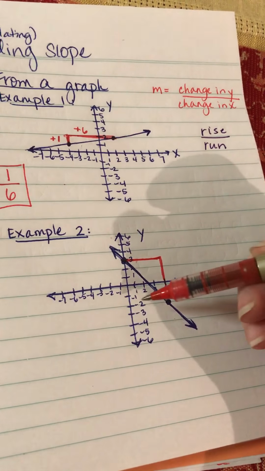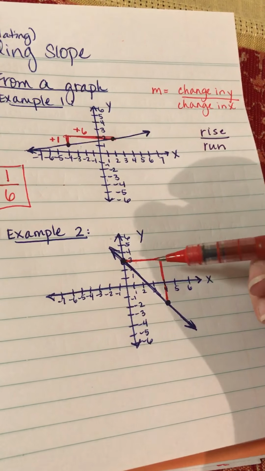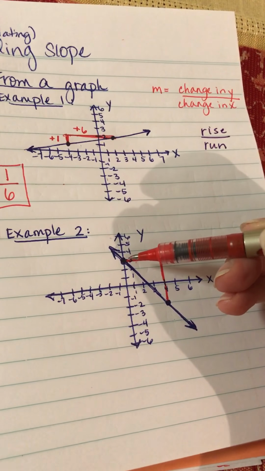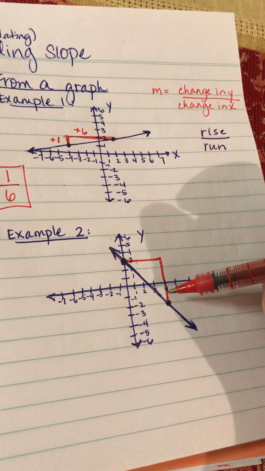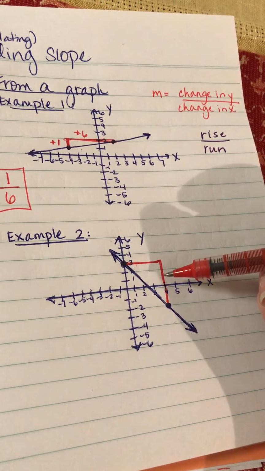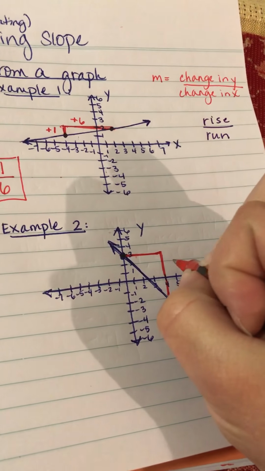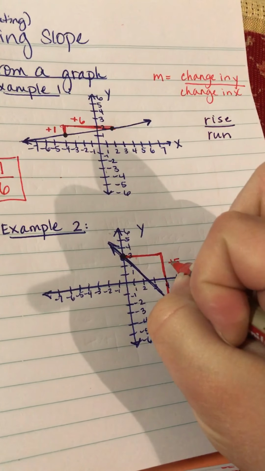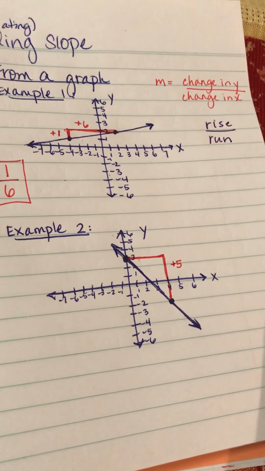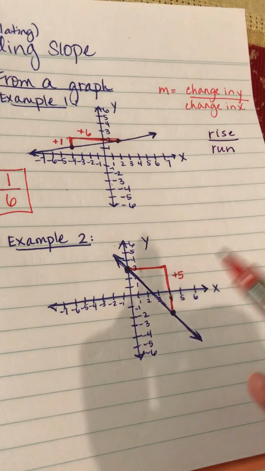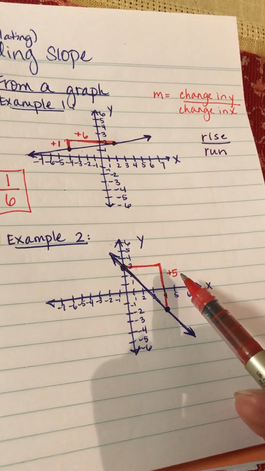So from this point, which is at a -2, to this point, which is at a +3, I had to go up 1, 2, 3, 4, 5. And since I'm going up, it's a +5. So this is my change in y values.